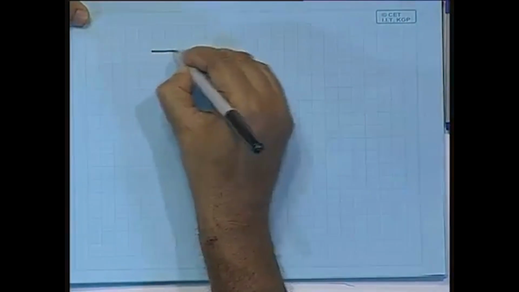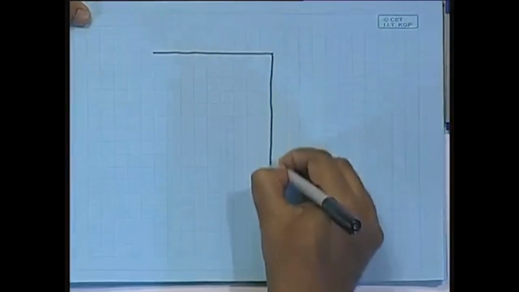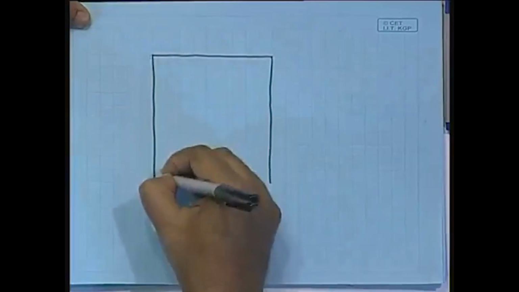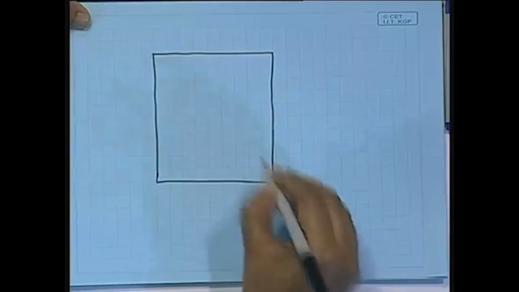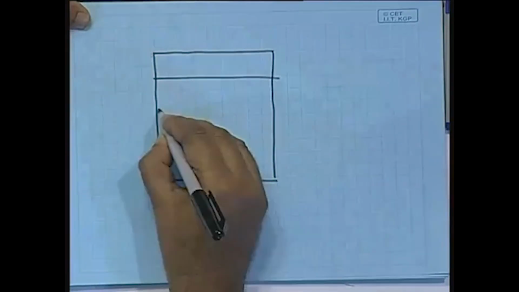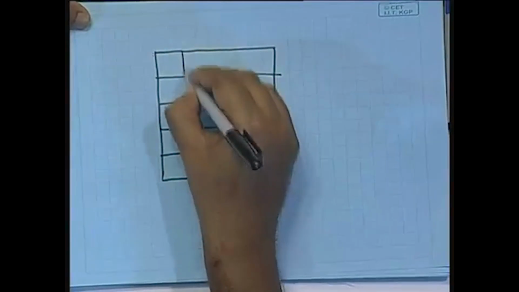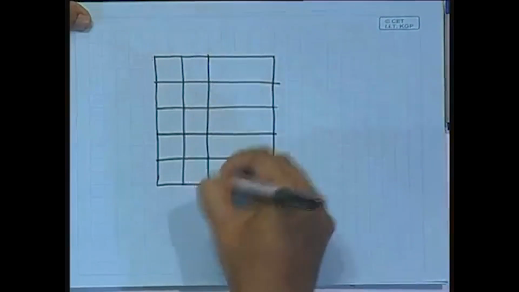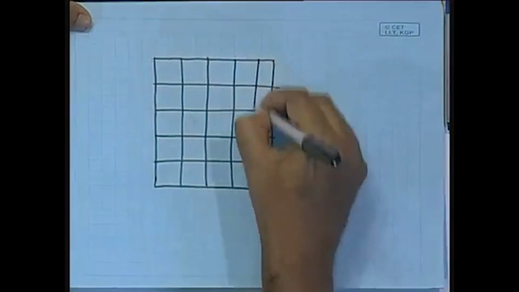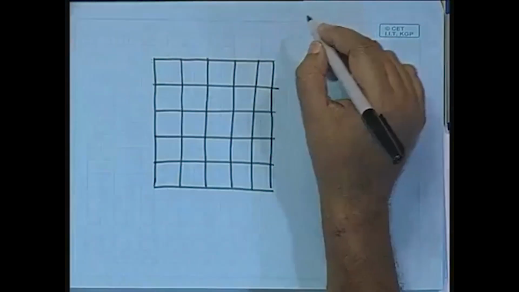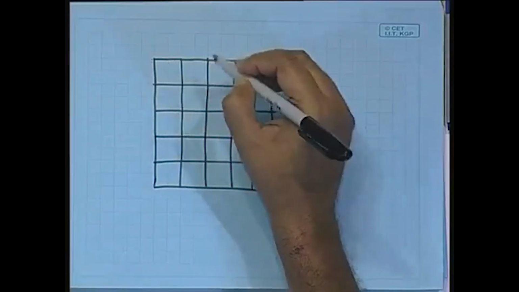Let us say this is an image; it is partitioned into a group of such macro blocks, to which this frame is subdivided, and within each macro block we will have the blocks in the Y, CR and CB planes.